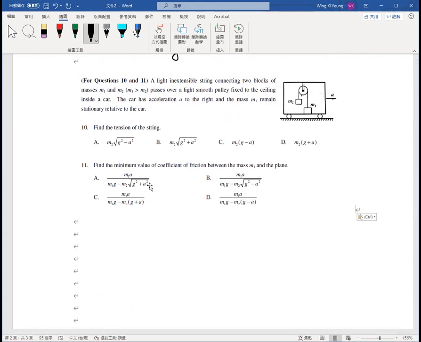The M1 remains stationary relative to the car. And then I think you may know that this part of the string is not vertical. It should be tilted like this direction.